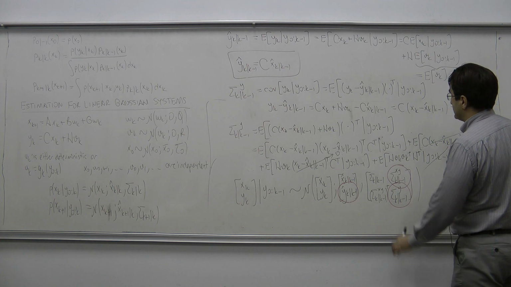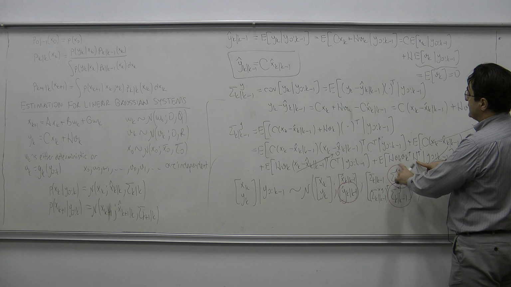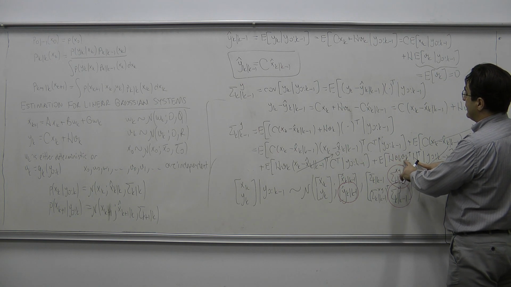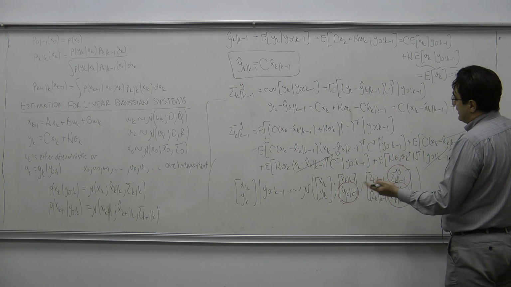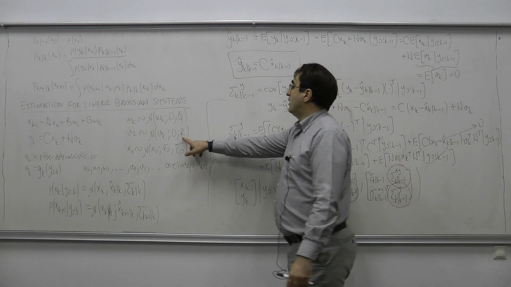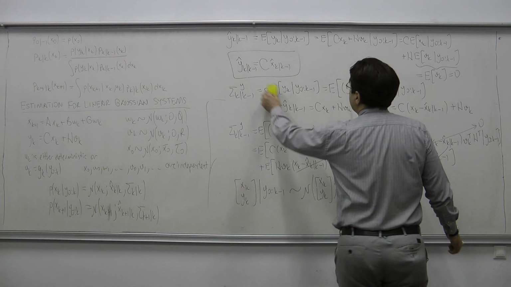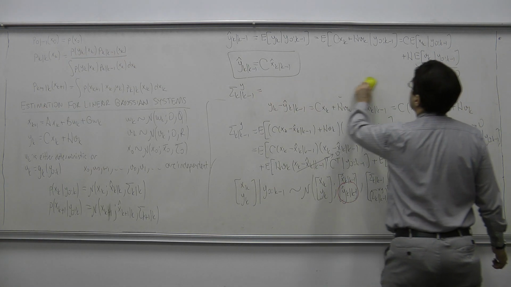So here all I have to do is write H and H transpose, and in the middle write the expected value of Vk transpose. And in that case we know that is going to be the covariance of Vk, which is R. Okay? So now I can write the final formula here.